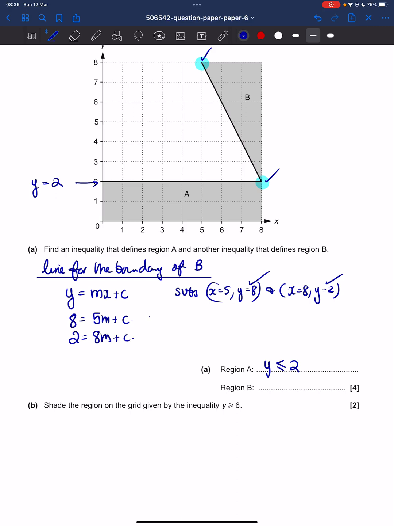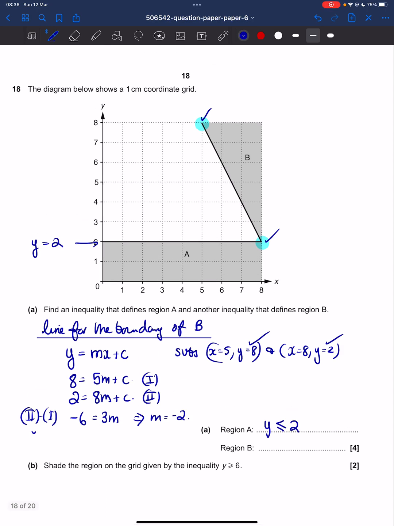Actually I've done these before in another question as well, but anyway, never mind. If I do 2 take away 1, we've got -6 on the left is 3m, and the c's cancel out, so m is -2. So this line is y is -2x, and that's because, look, for 1 across, it is going down 2.